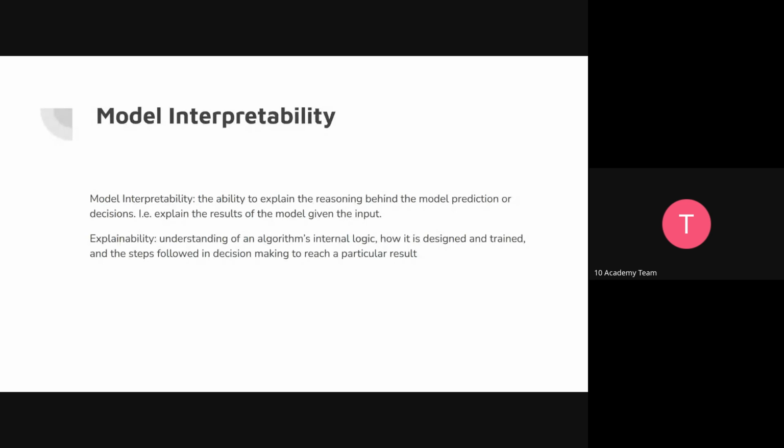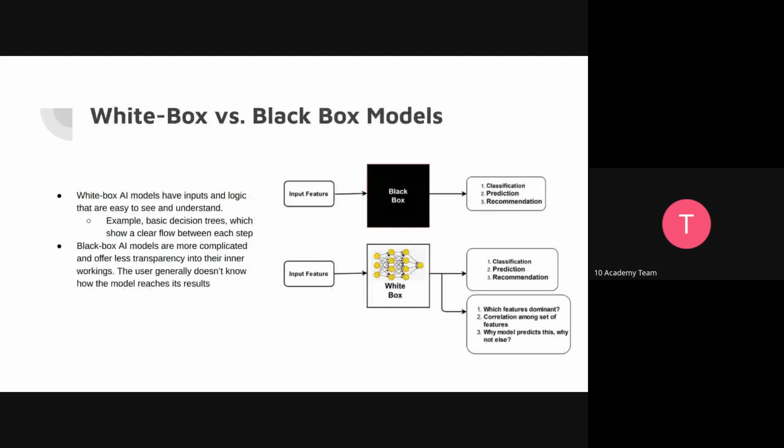Explainability is explaining the algorithm's internal steps, knowing the details of the algorithm and how it is designed, how it goes from input to output. But just explaining the reasoning is what interpretability is. You can use them interchangeably.